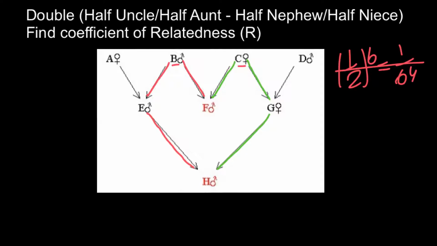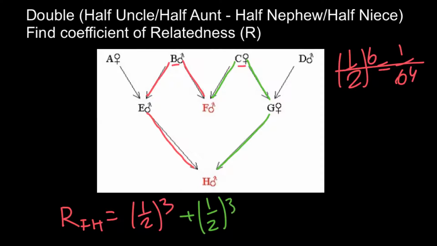So basically we see here two passes, and our calculations would be as follows. So coefficient of relatedness of individual F and H would equal to 1/2 in the power of 3 plus 1/2 in the power of 3.